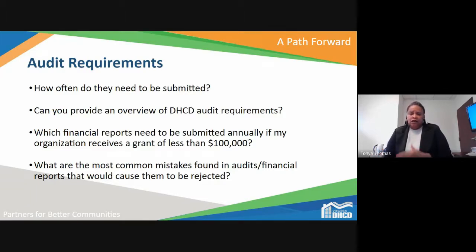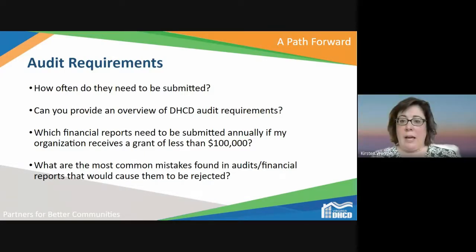Anything less than $750,000 has various expenditure thresholds. I don't have it in front of me, but I do know that it goes from the financial statements being prepared by an organizational staff member to the financial statements being prepared by a CPA.